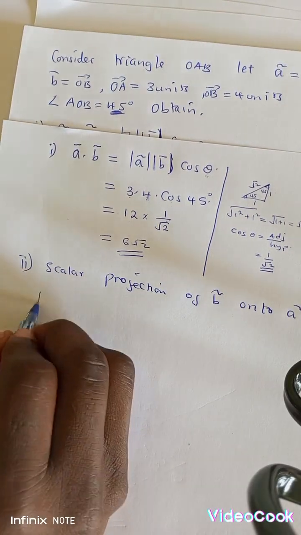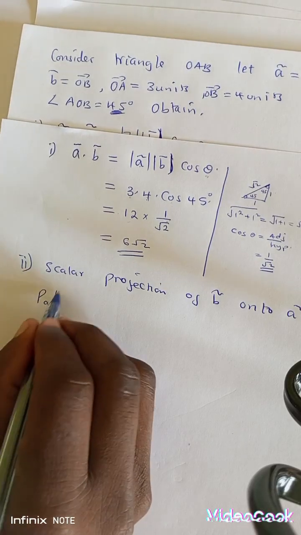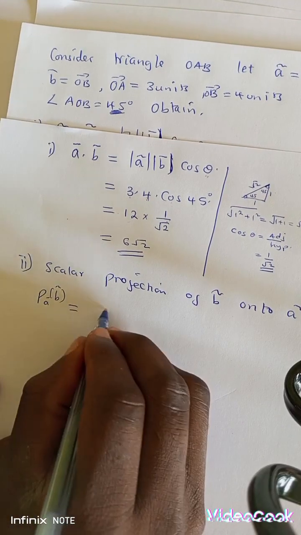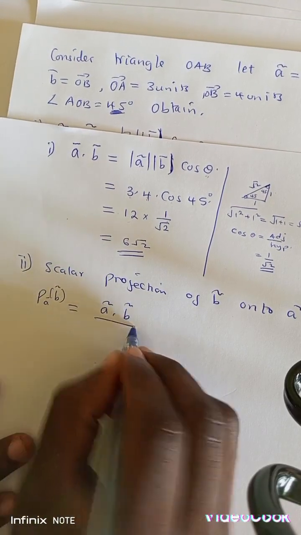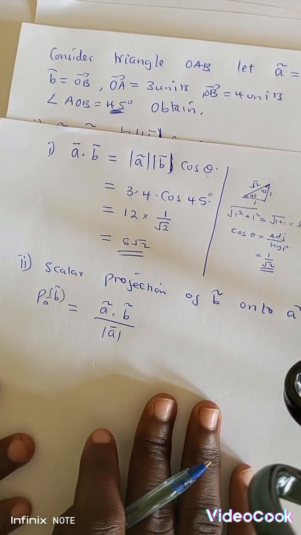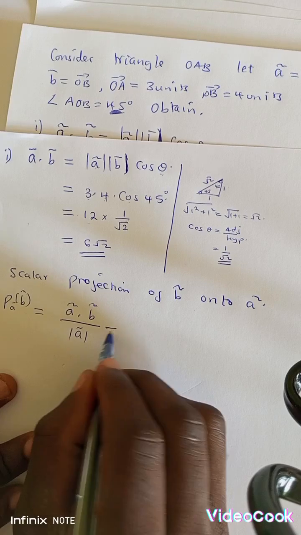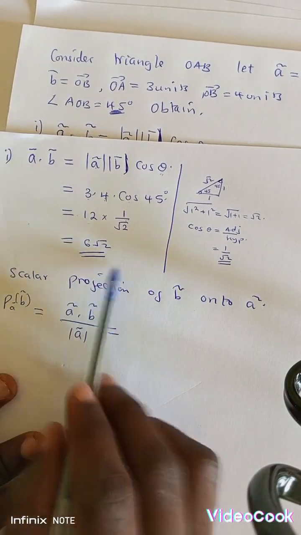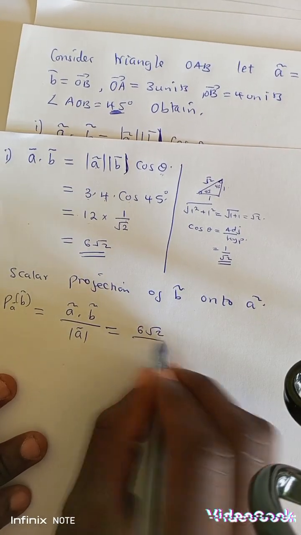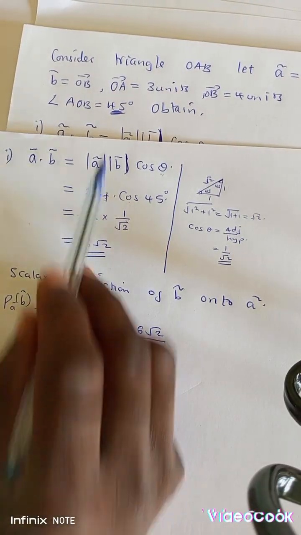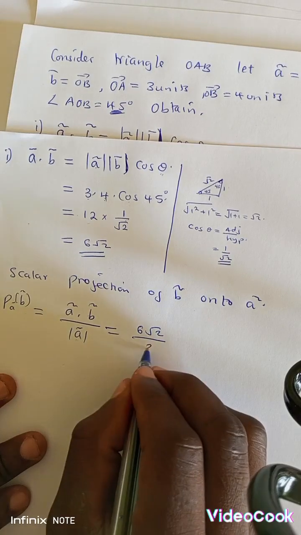This is how we write B onto A, vector B onto A, which is usually expressed as vector A multiplied by vector B all over the magnitude of vector A. So we had already calculated vector A onto B in part 1, and we have it as 6 root 2, and then the magnitude of A, or rather the length of A, we were already given in the question as 3.